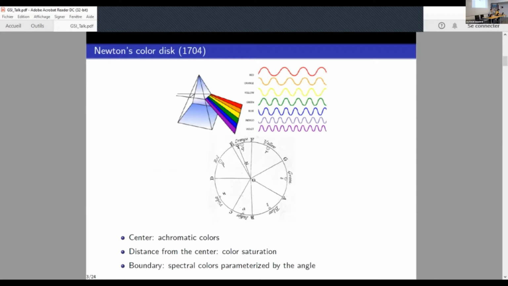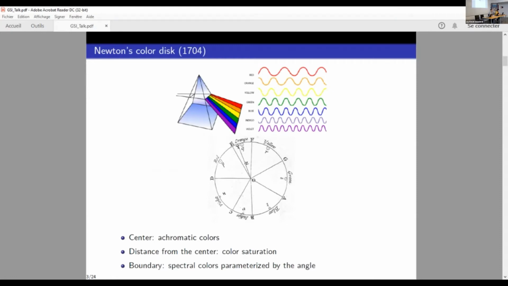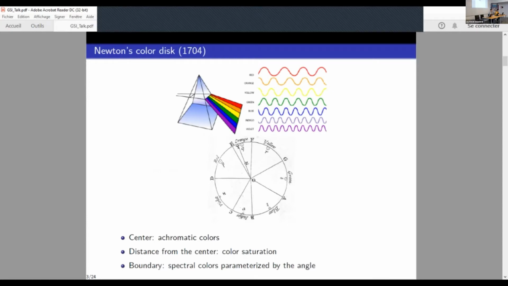Starting from his very famous experiment in which he showed the existence of pure lights, monochromatic components of light, by the prism, he decided to put these monochromatic lights at the perimeter of a disk, to set a chromatic light, daylight, in the center of this disk, and to measure the pureness, what nowadays we call the saturation of color, as the distance between the center and the perimeter. We will see that thanks to our model, we can give a formalization of Newton's idea.